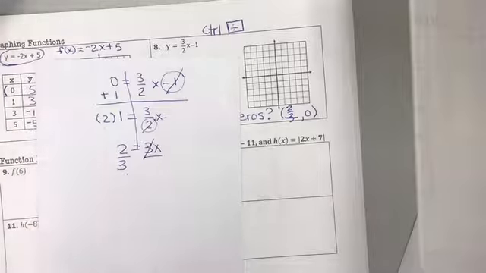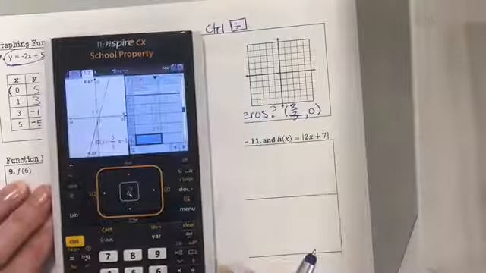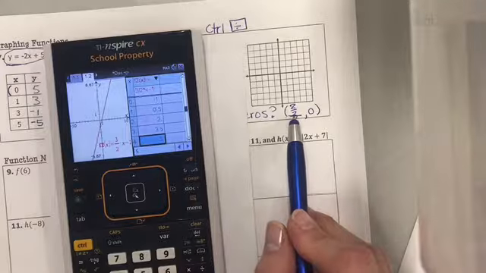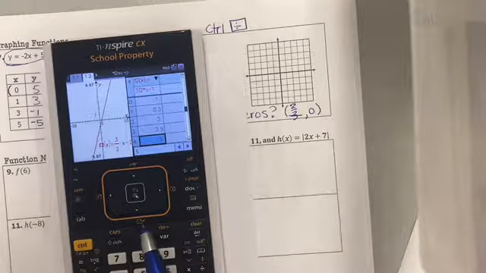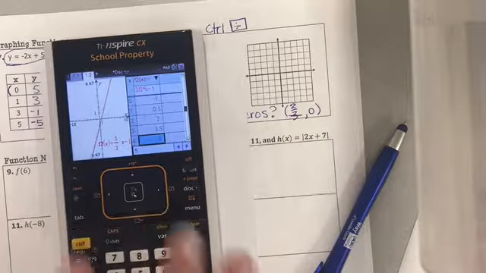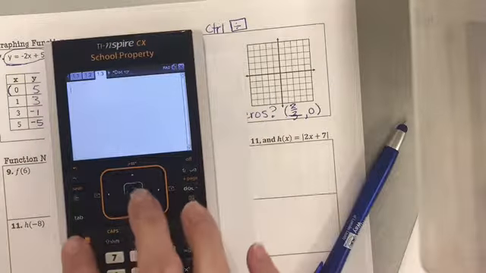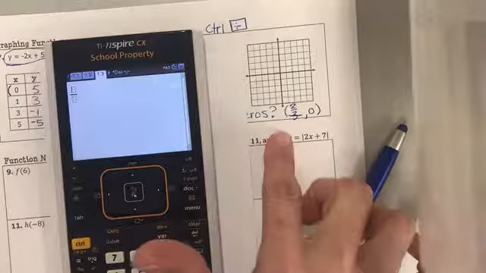Just for fun, okay, this is another calculator skill. How would you know if all of your answer choices were decimals? How would you know what this was using the Nspire calculator? Open up a calculator page, so just Control-I again, calculator, and you can do Control divide and do 2 over 3.